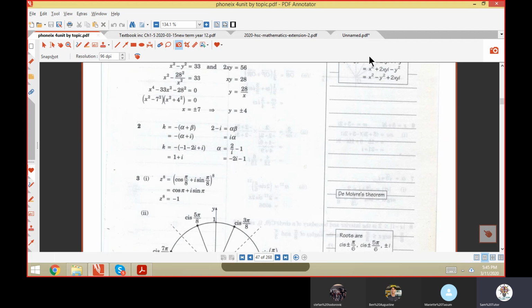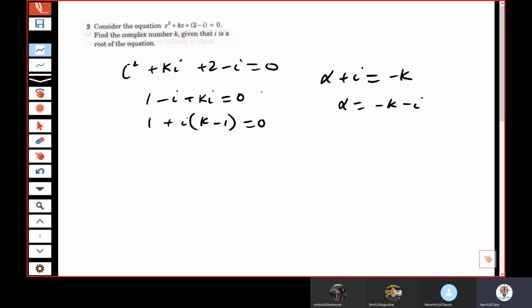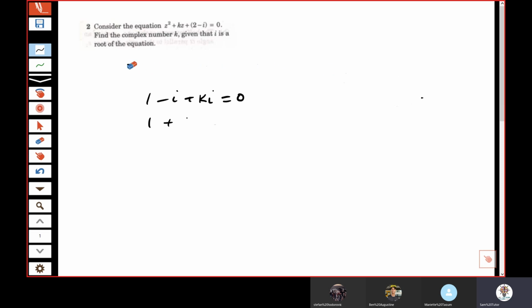Okay, one more time. k is equal to negative alpha plus beta. Negative, yes, yes. Okay, so I should have just continued. Okay, let's start again. Fair enough. I underestimated the question, I guess. My bad. I really thought it was just going to be a simple substitution.